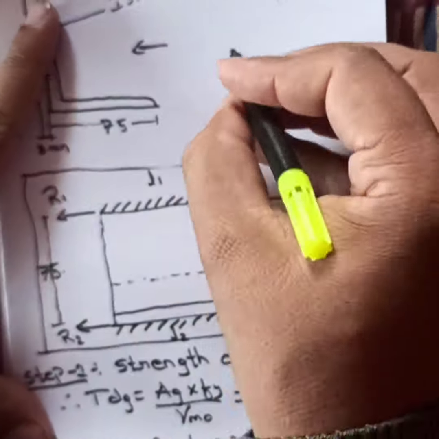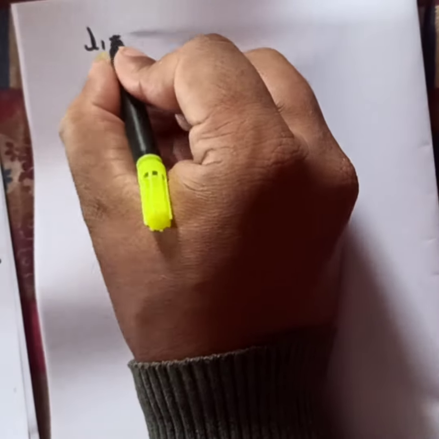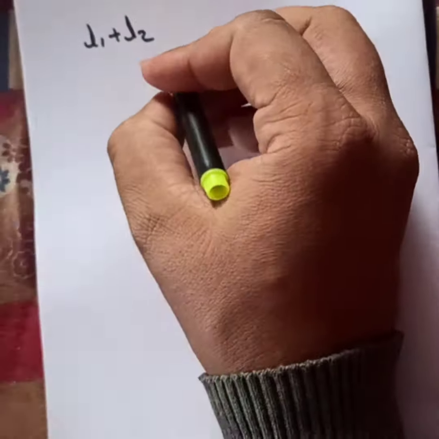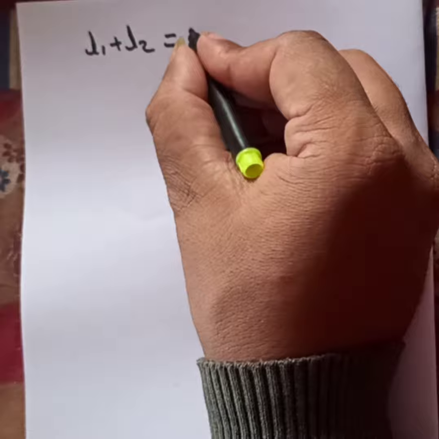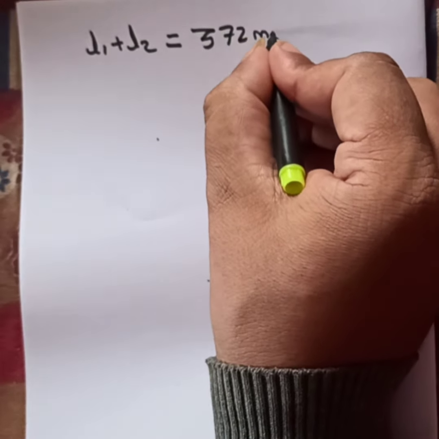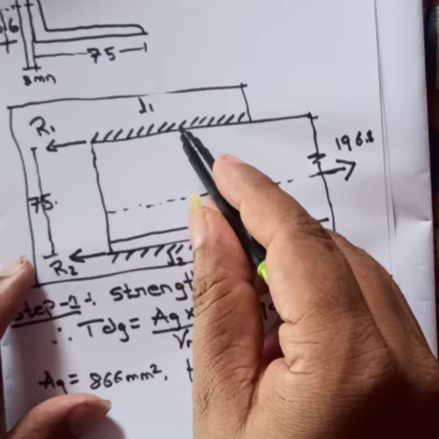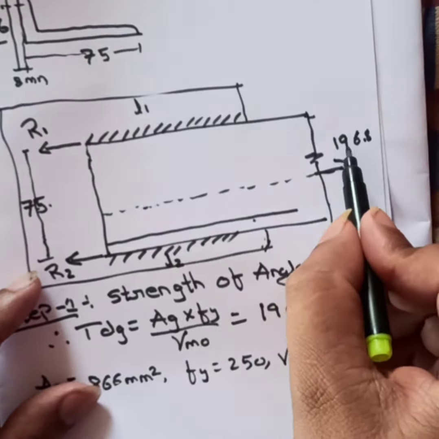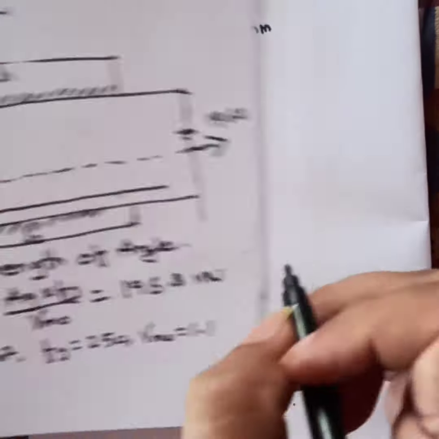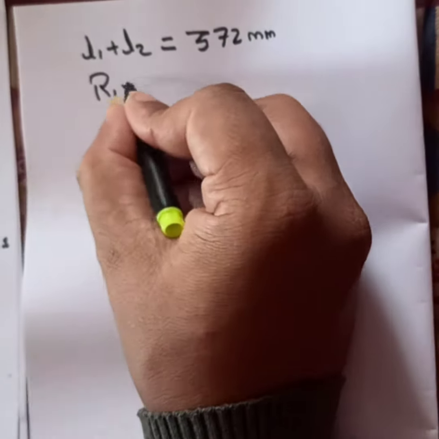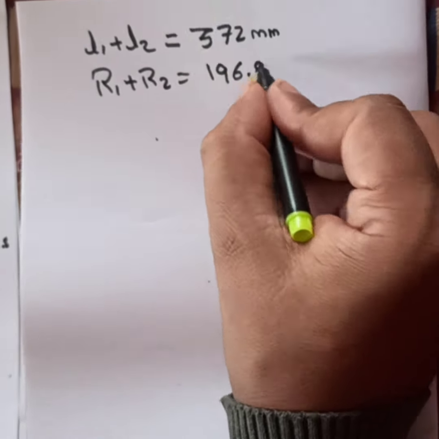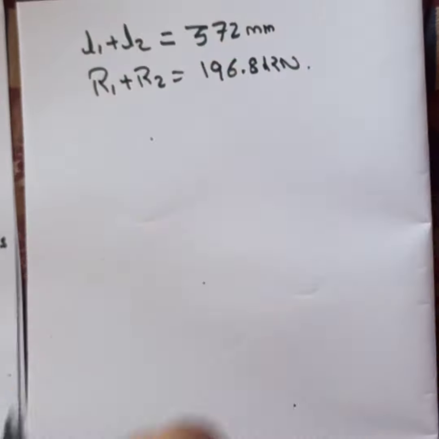Remember, L1 plus L2, the total length, has to be 372 mm. This length will have some strength, and in total it has to take 196.8 kilonewton of load. So R1 plus R2 should be 196.8 kilonewton.